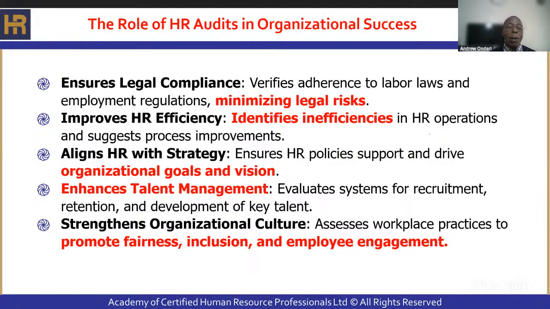So how do we go about this? We look at our staffing levels, looking at the in-post. How many people do we have at the moment? What is their level of engagement? What are their contracts like? So that if we want to cut cost on compensation, we look at areas where we can cut cost.